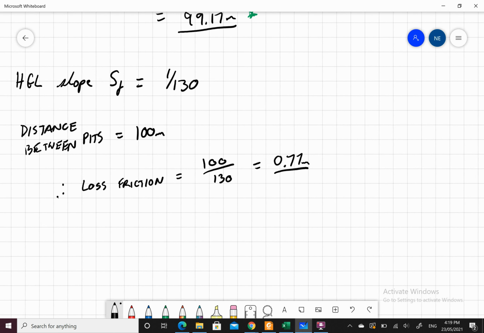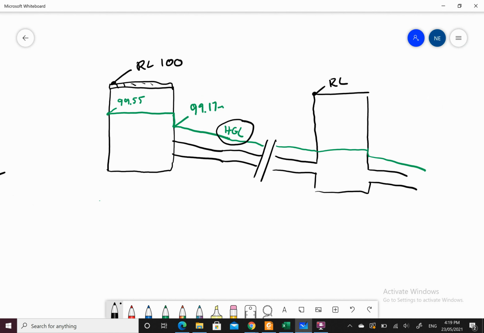Alright, so what that allows me to do is, if I cut my cross from here to here, 0.77 meters, I can now work out this point here.